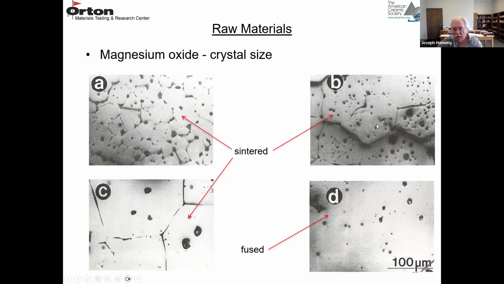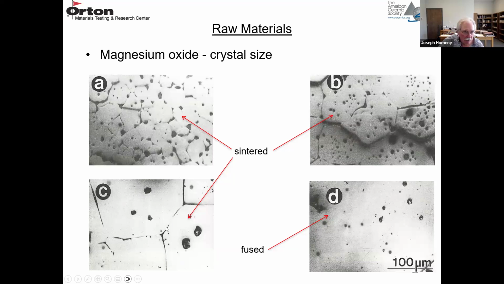When you go to a higher sintering temperature, they're on the order of 100 microns, and you can clearly see the grain boundaries and the internal porosity. And then at the higher temperature for calcining, these crystals look like 200 or 300 microns in diameter. You can see the internal pores that have not been eliminated during sintering.